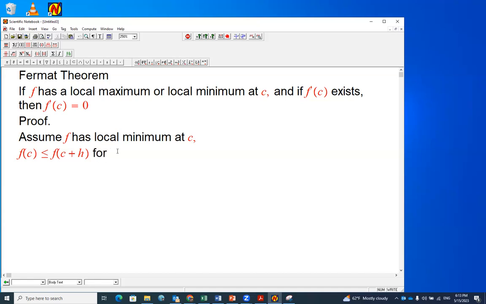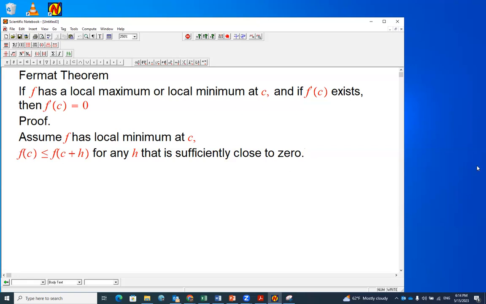Okay, so this holds for any h that is sufficiently close to zero. So in the neighborhood, h may be positive, maybe negative, but because f has a local minimum at c, f of c is less than or equal to f of c plus h, where h is sufficiently close to zero.